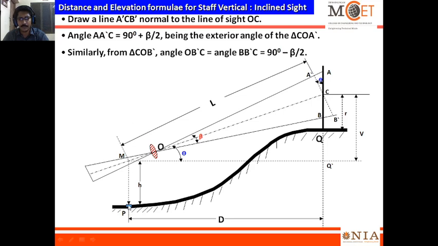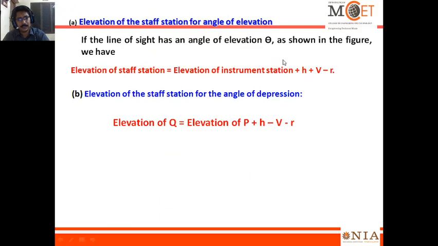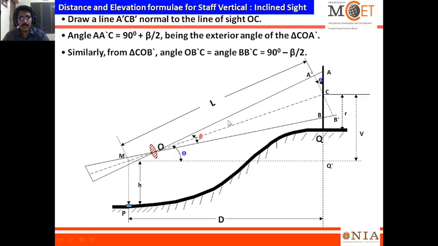It is the position of the instrument, right? And this is the height of instrument H. This is the horizontal line of sight, but this is the inclined line of sight. From this point to this point is the length L, and ACB is the readings noted over the station Q by holding the vertical staff exactly vertical, right?